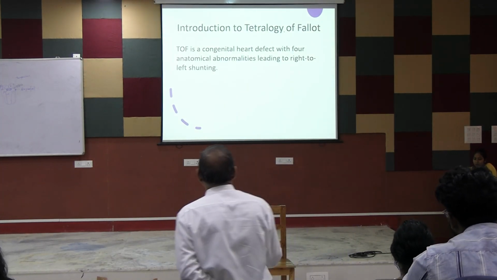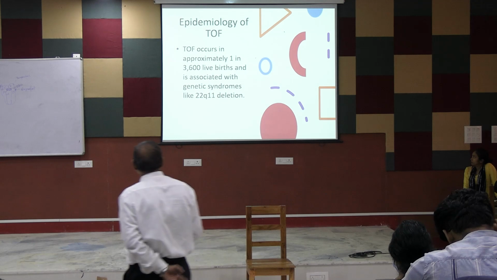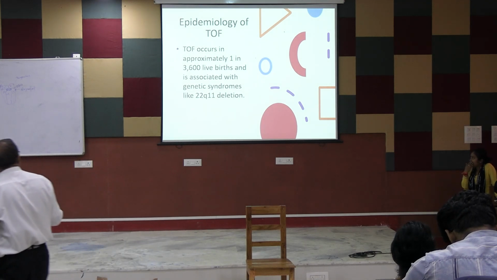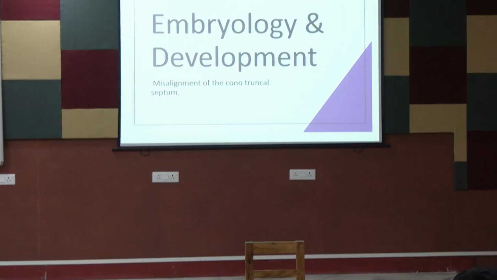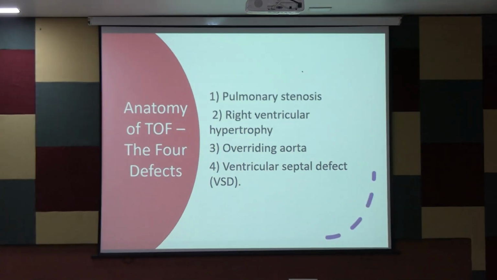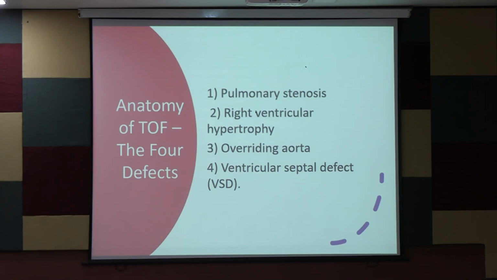It is a new oral theory you read it, and this is also not important. Embryology is also discussed. You know about the tetralogy of Fallot, but you must remember these four things.